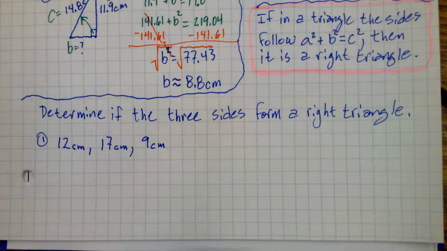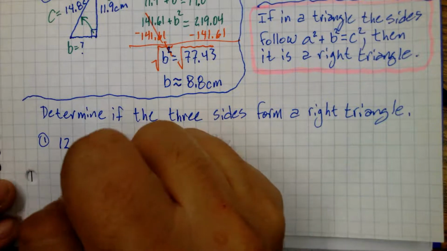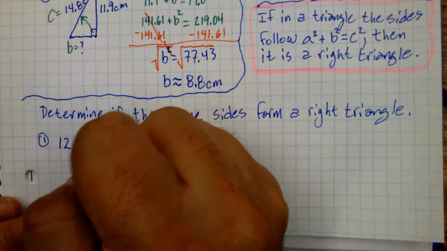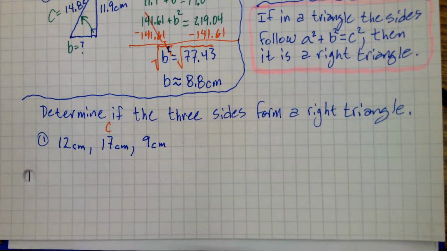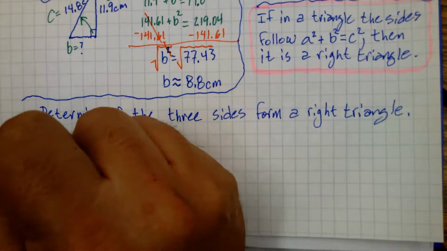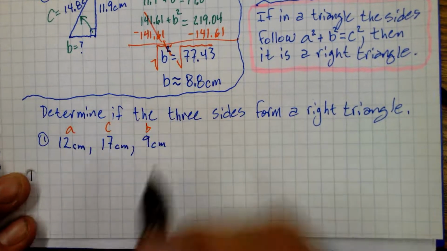What we want to do is same as if we were looking at our triangle with lengths. One of them has to be C. Which one has to be C? 17, the longest side, even if it's not the last one. So it has to be our potential hypotenuse. That one has to be C, it's the longest one, and then just make the other ones A and B. Okay?